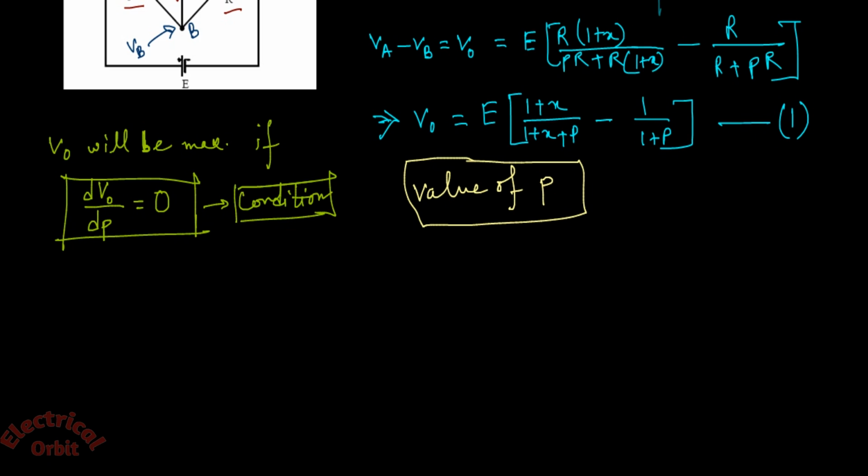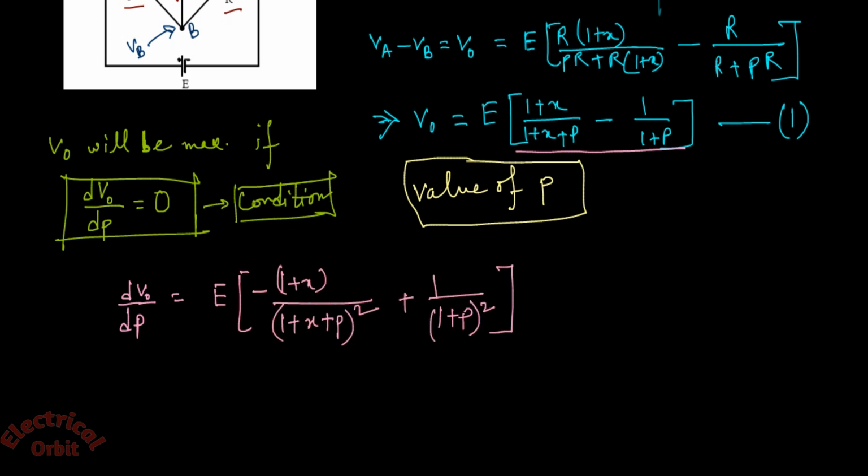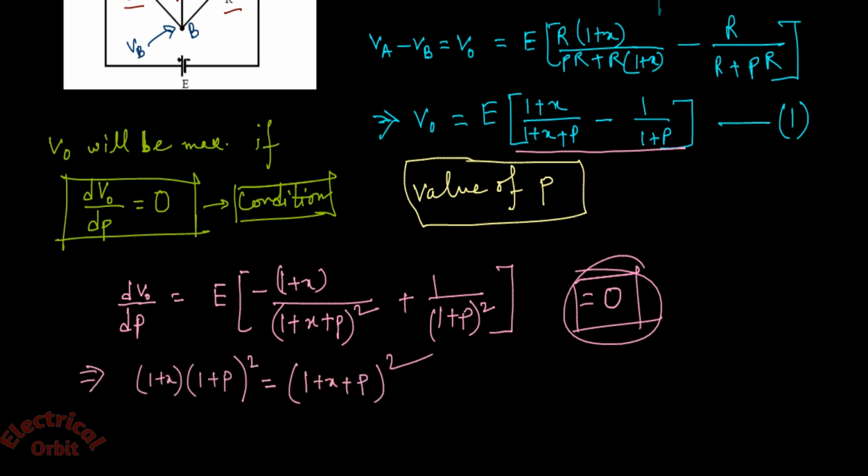So let us calculate that. From equation number 1 that we have formed here, if we perform the derivative of V0 with respect to P, we will get simply E into like this, and this is equal to 0 as per the question. Okay, so simply we can write from there like this.